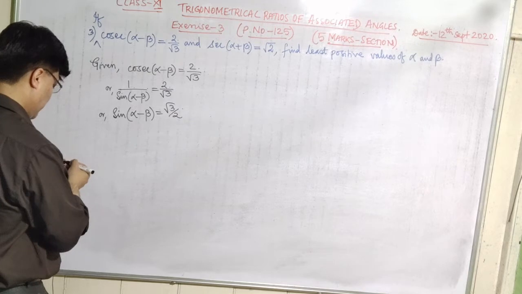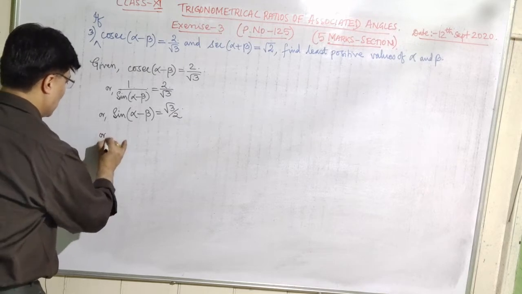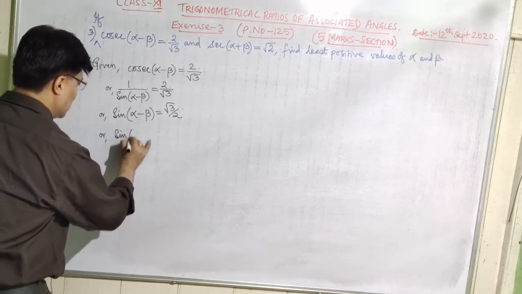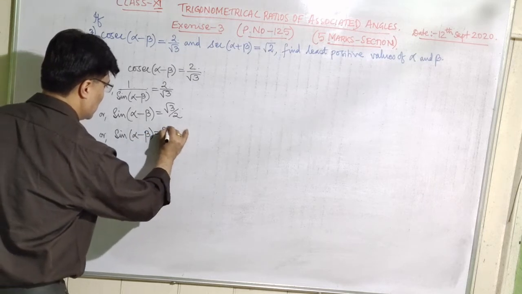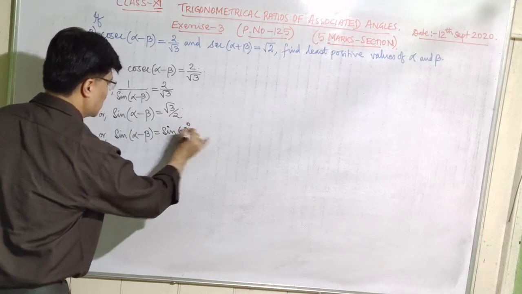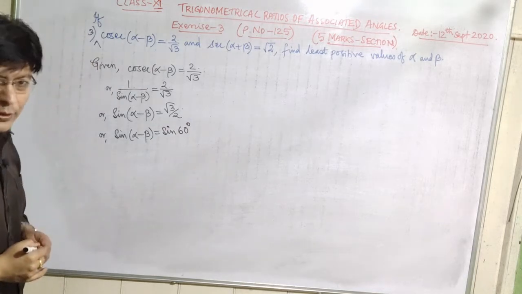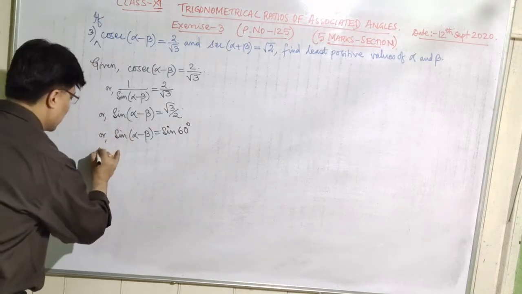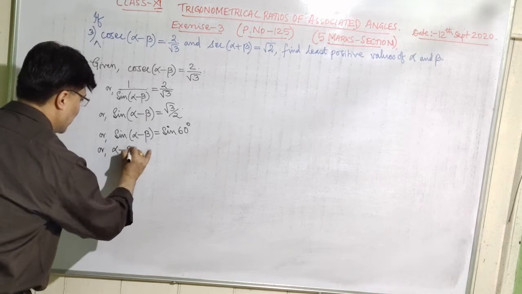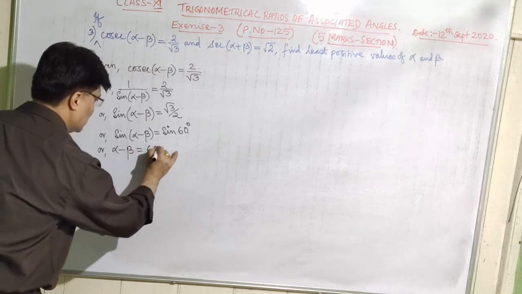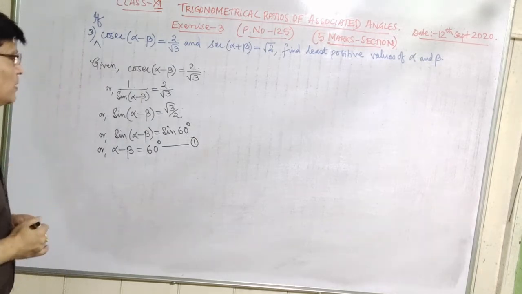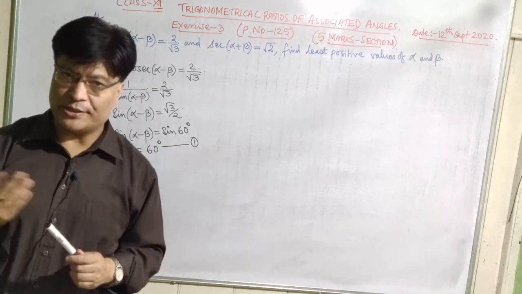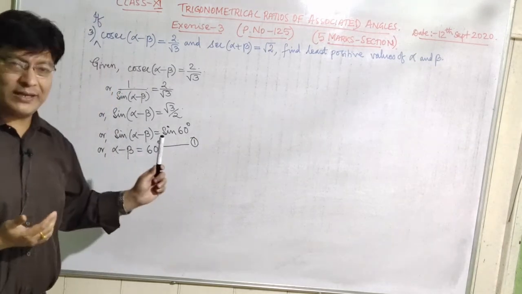So sine(alpha minus beta) is equal to sine 60 degree. From both the sides you can cancel sine, so alpha minus beta is equal to 60 degree. Let us mark it as number 1. So we have got one of the equations, that is equation number 1.